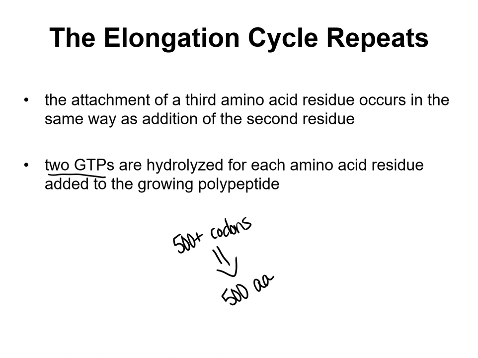And we're using 2 GTPs for every one that we're adding. So you can see how this is a very, very high cost to make a protein. And we definitely don't want to have to do it more than we have to, which is why protein synthesis is so heavily regulated.